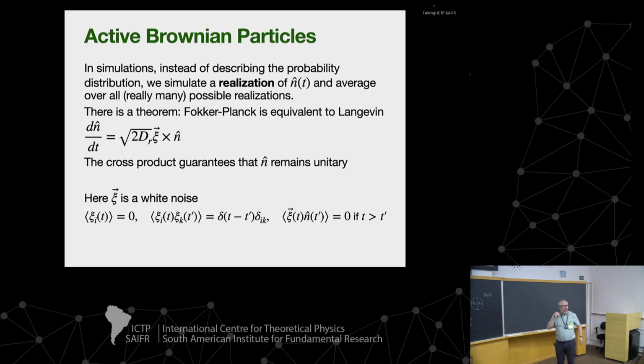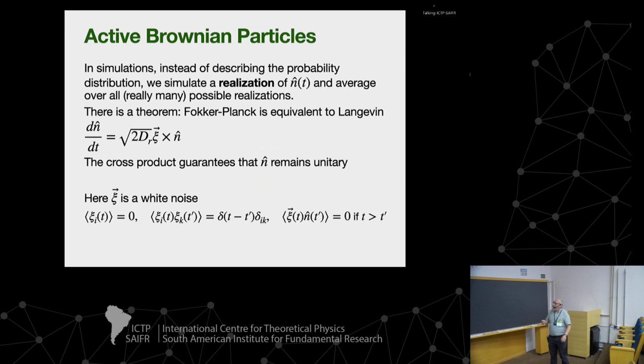And because it's a Gaussian, you learn from your probability course at some moment that the Gaussian is described by the first two moments, the average and the variance. So we have to give the average and the variance for that. And for the noise, we say that the average is 0. All the components, i is x, y, and z, are 0 on average.